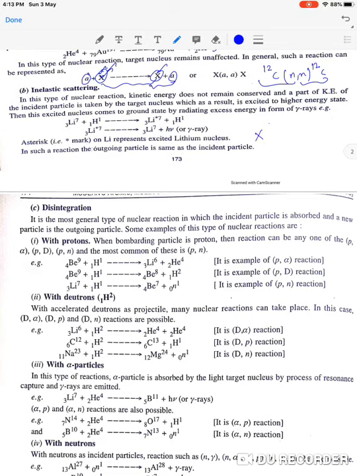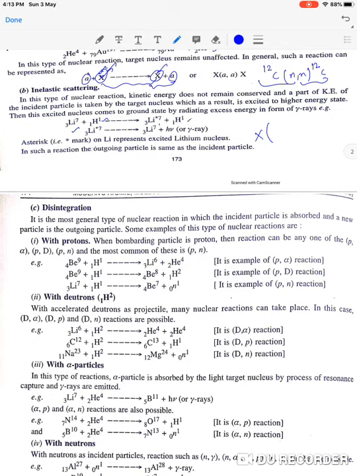I can represent my process as follows. If this is the initial target nucleus, for example lithium is the target nucleus and we are bombarding it with a hydrogen atom, a proton, more precisely. Then we get lithium, the same nuclei, along with the same proton or hydrogen atom.